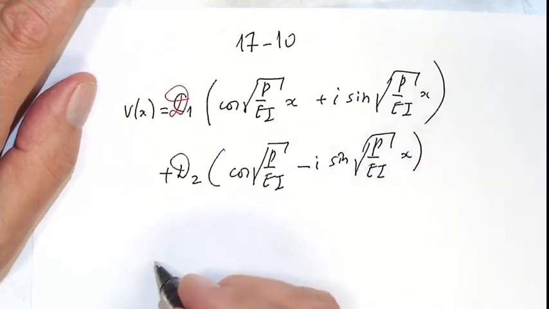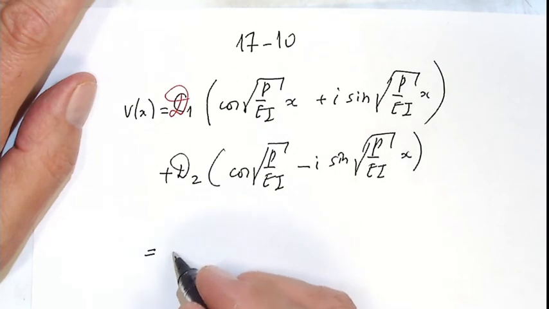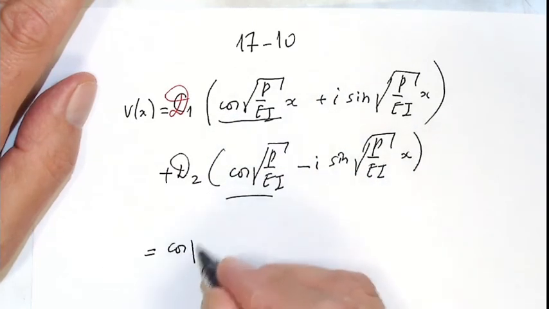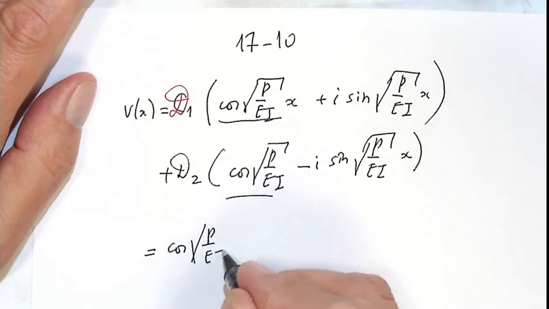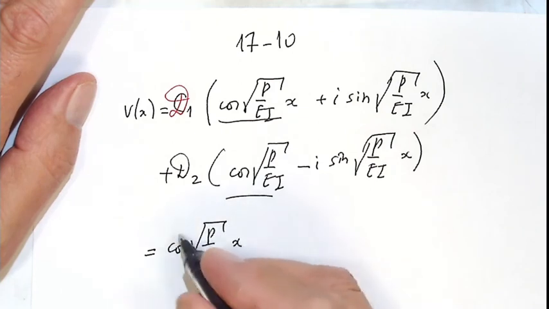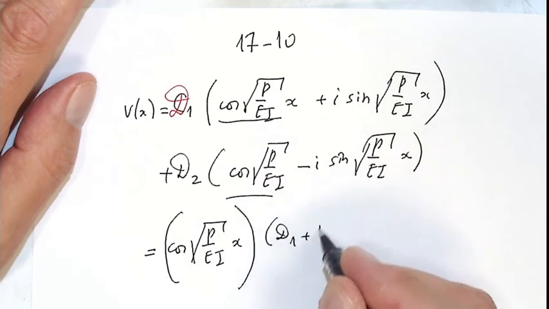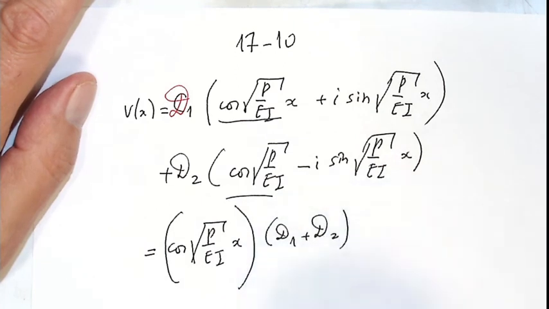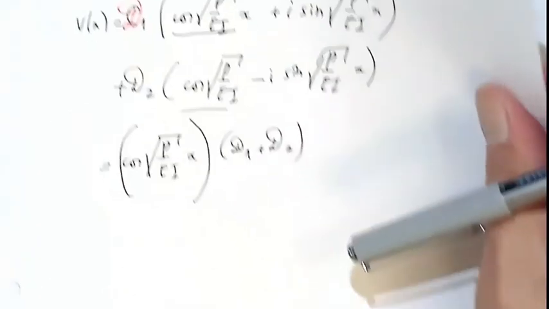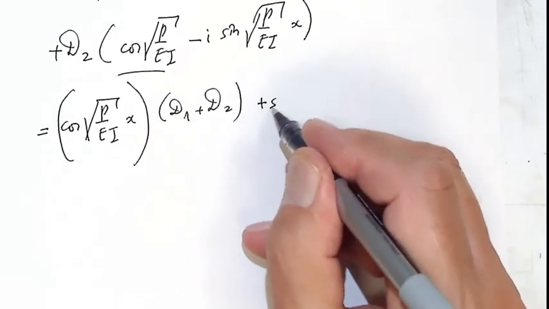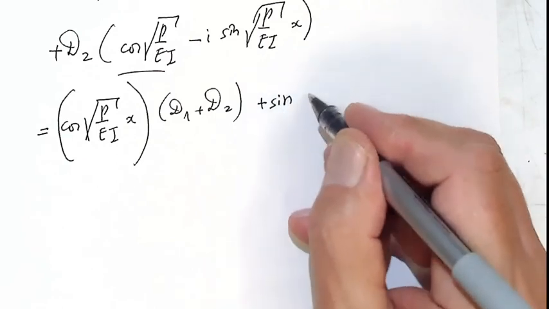Now this equals, we take cosine here and cosine here: cosine of square root of p over EI x times d1 plus d2. Actually, we do differently.